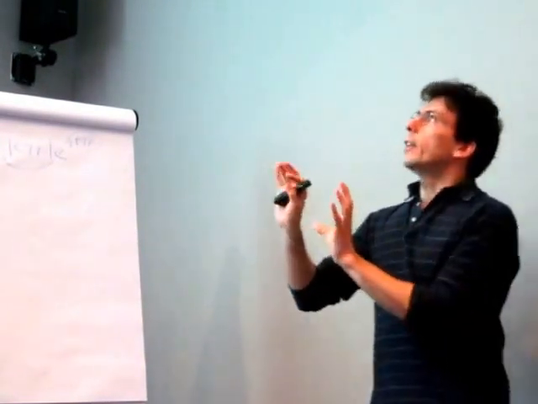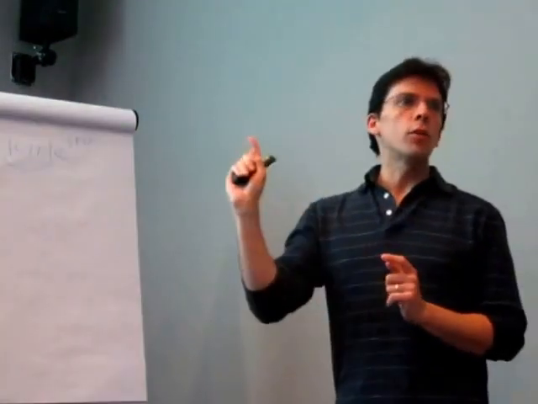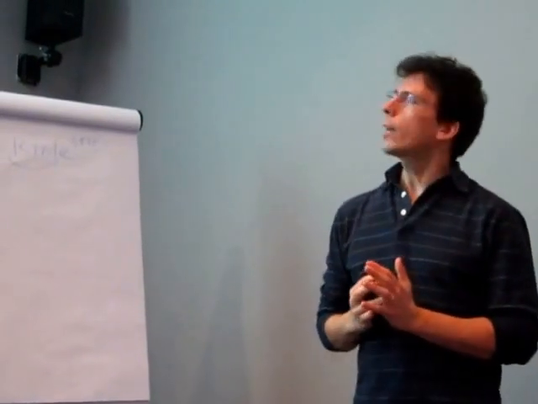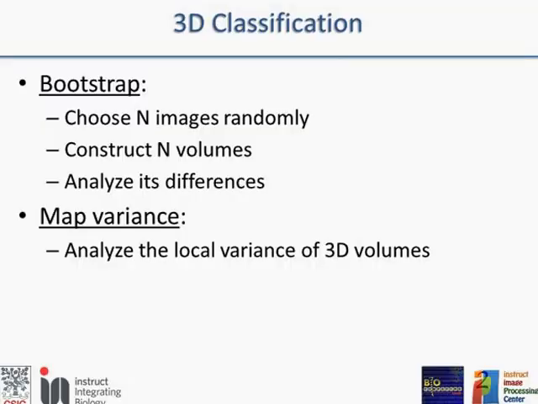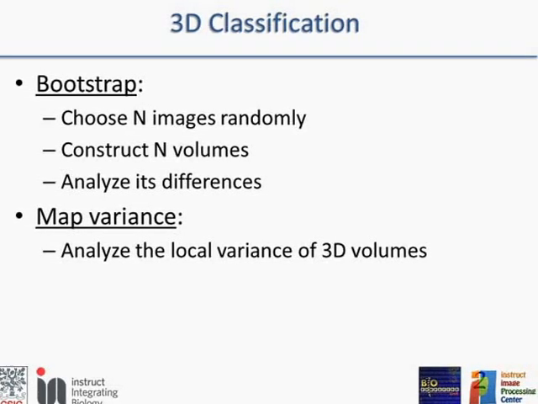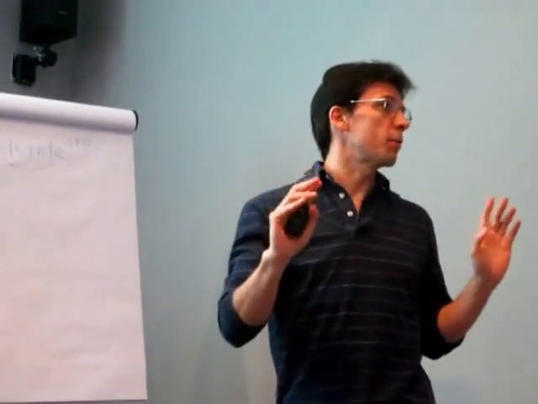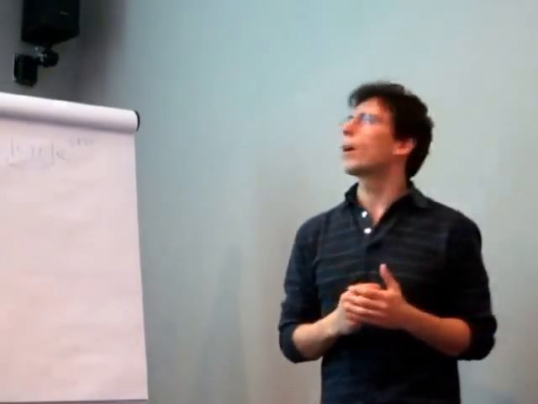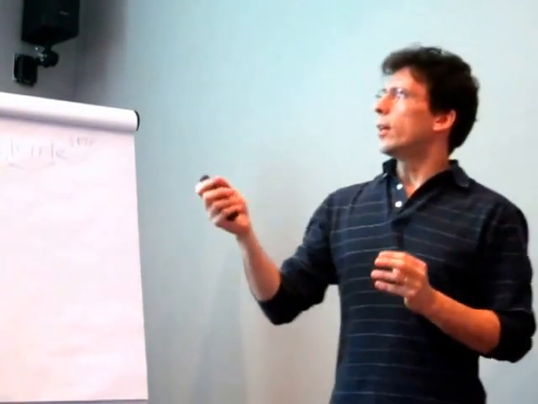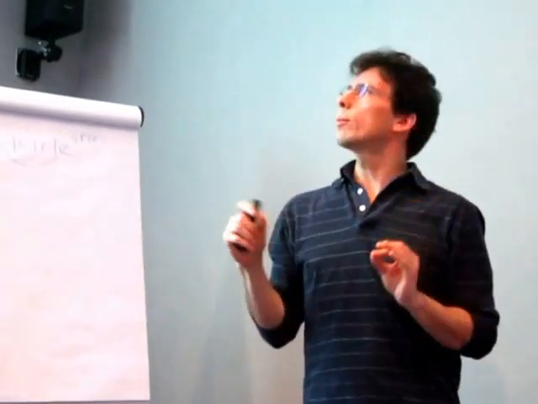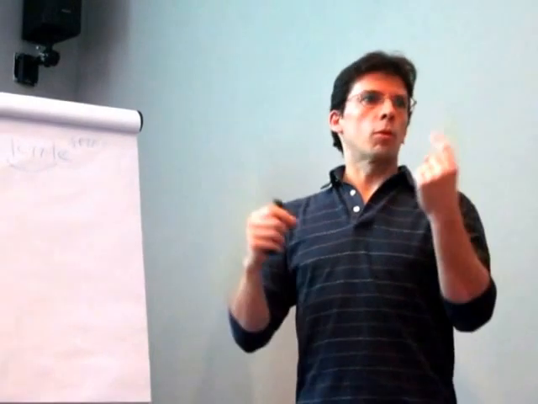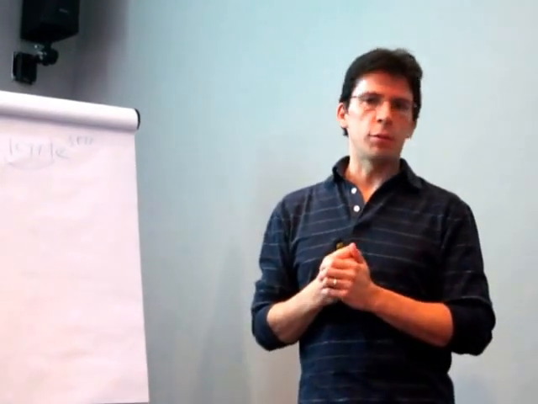With respect only to 3D classification, so here we are not solving the alignment problem, we have the bootstrap approach of Pavel Pensek. So let's say you have already aligned your images correctly. This is a very strong assumption because you never know if you have them aligned correctly. Then you choose any images randomly and you construct a 3D volume.